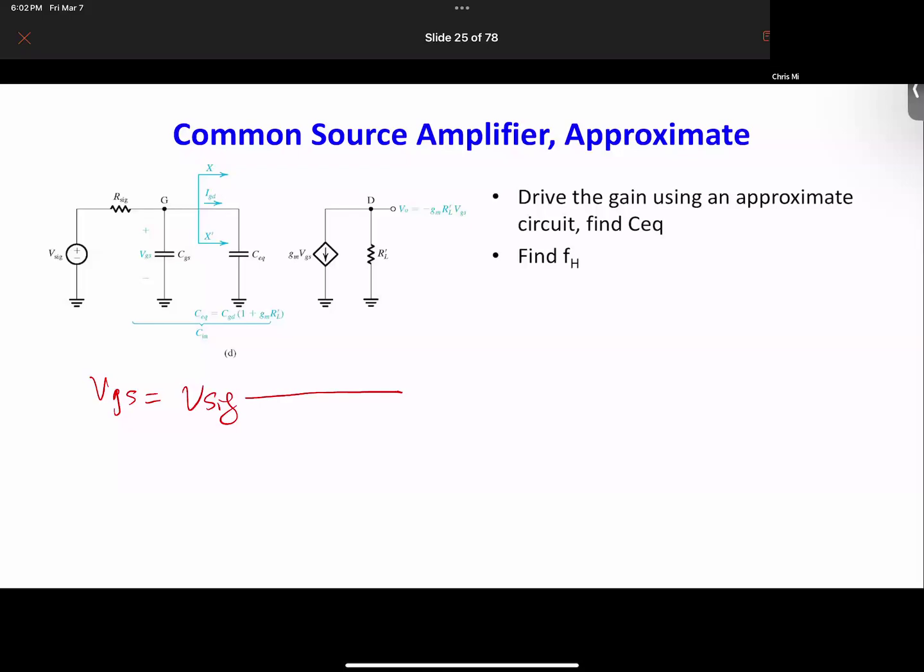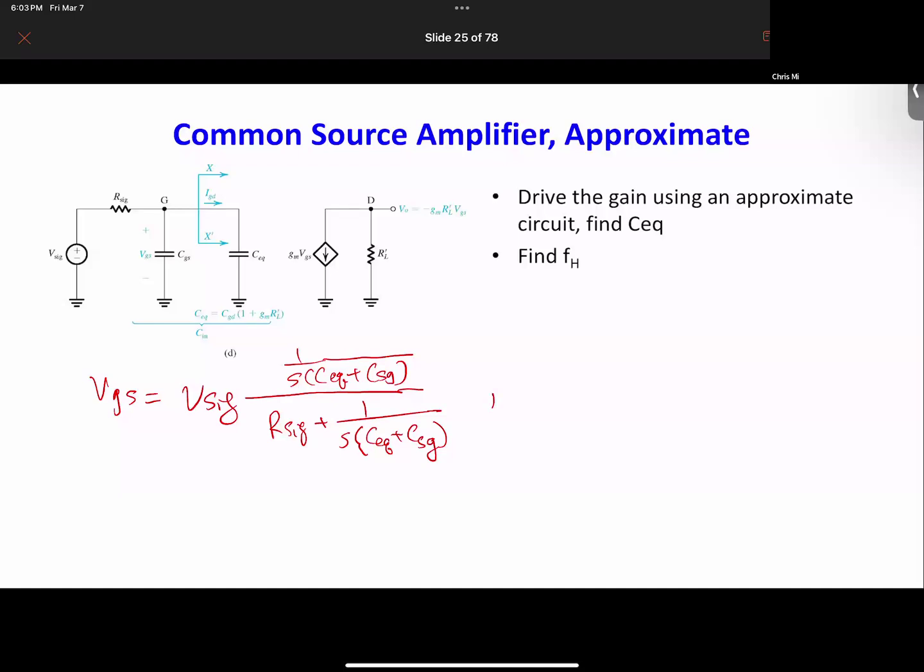So we basically add 1 over S times (CEQ plus CGS), and on the bottom we have RSIG plus 1 over S times (CEQ plus CGS). That's VGS. We got VGS right now.